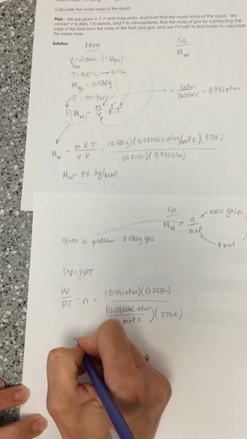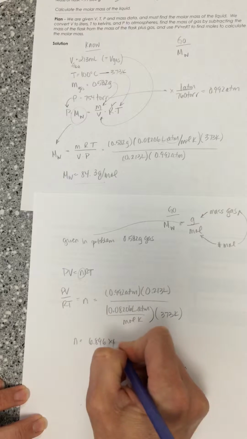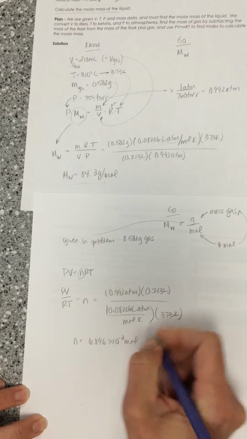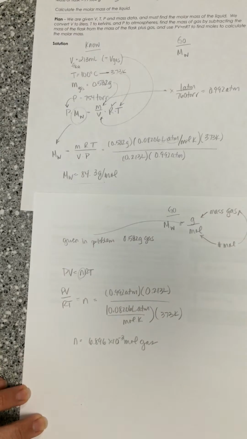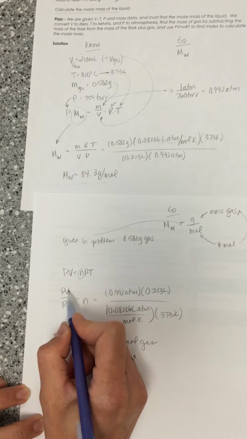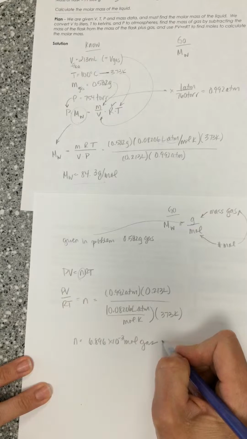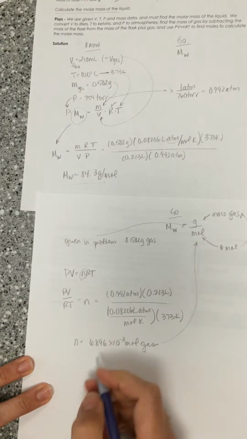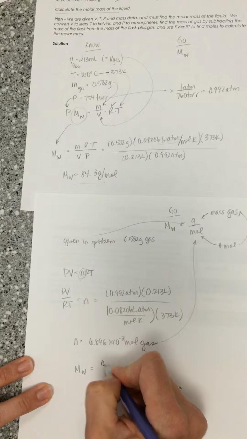So we can go ahead and solve for our number of moles, which is 6.896 times 10 to the minus third moles of gas. So that gas that weighs 0.582 grams, because of its pressure, volume, and temperature, means that there's that number of moles of gas. So now we have both pieces of information. So the molecular weight of any gas is its mass.